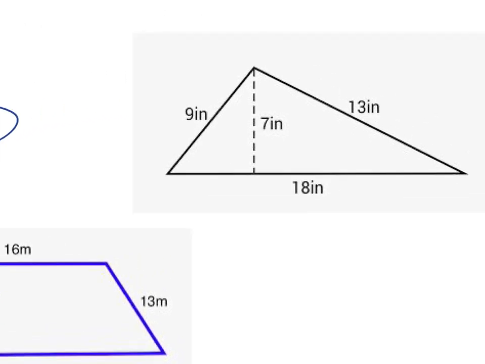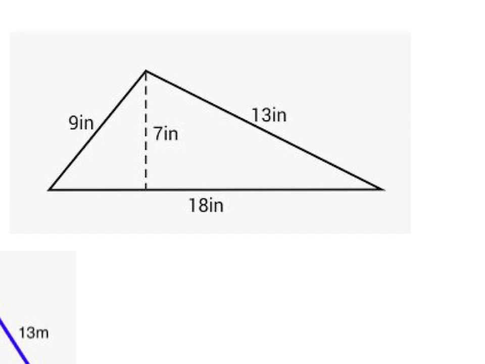Okay, then we're going to go over to the triangle, which my preferred formula is base times height, divide by 2. So our base runs along the bottom, 18. Our height is the straight line dropped from the top.